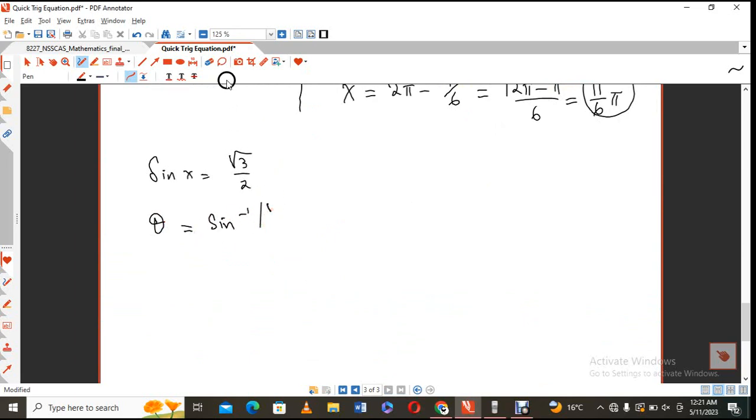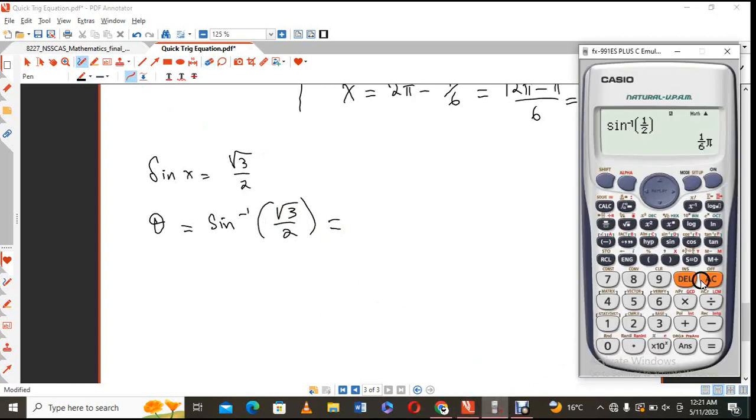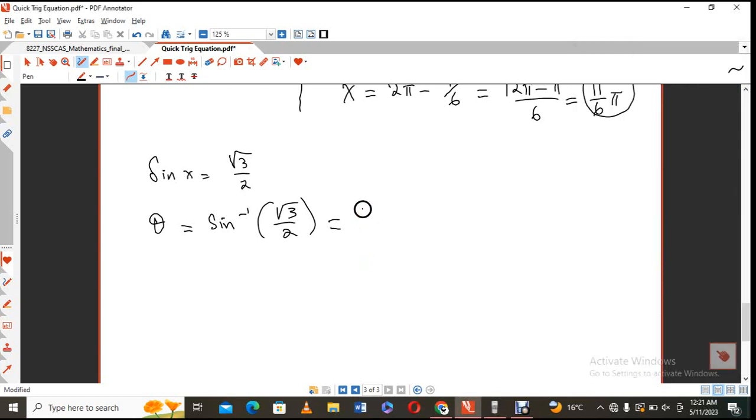Maybe you can take your calculator if you have a problem. Our basic acute angle in this particular case would be the inverse sine of root 3 upon 2. Let me just make sure: root 3, put it on a fraction upon 2, and that gives me 30 degrees, which is pi over 3.